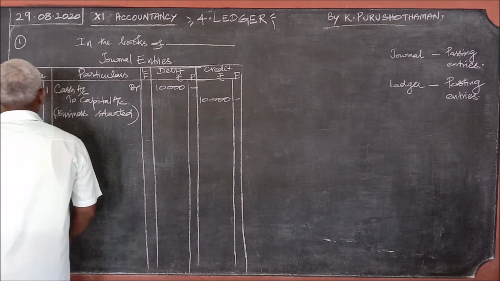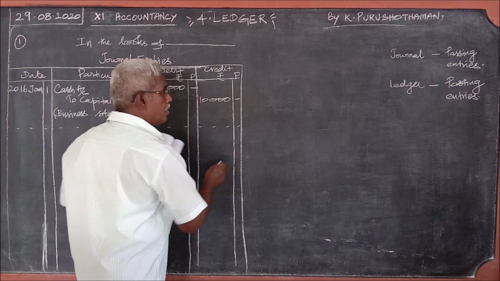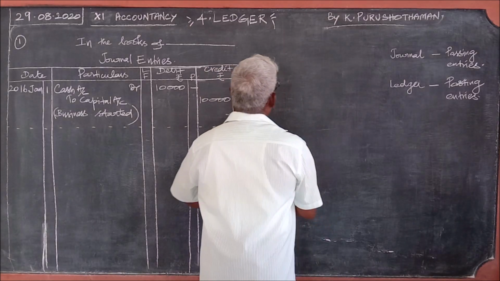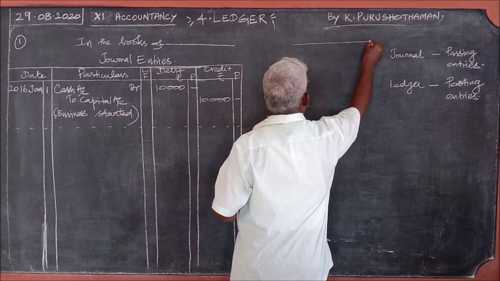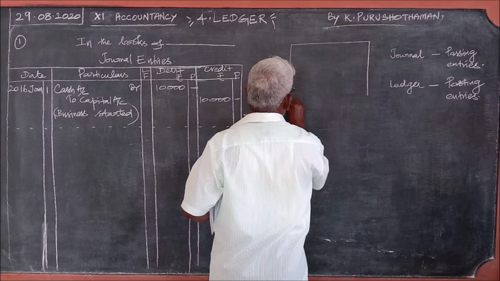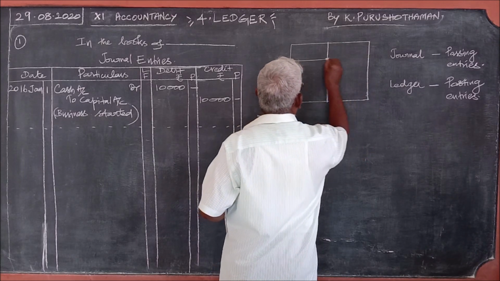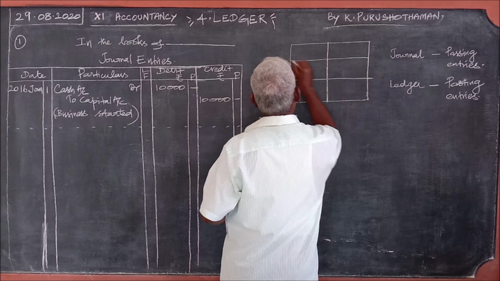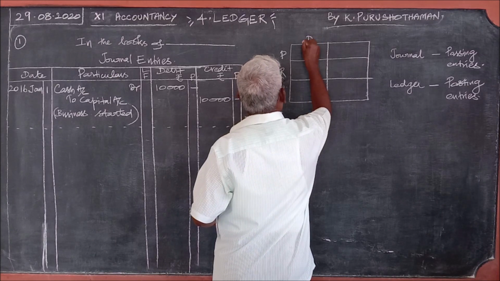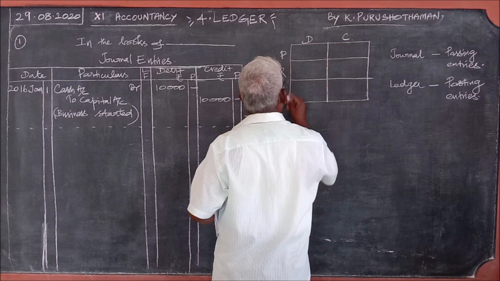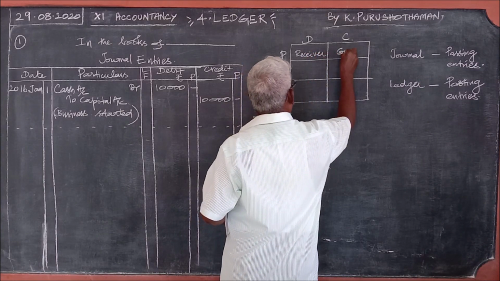After first, on fifth, once again you just recall the three golden rules. Personal account, real account, nominal account, debits and credits. Debit the receiver, credit the giver.